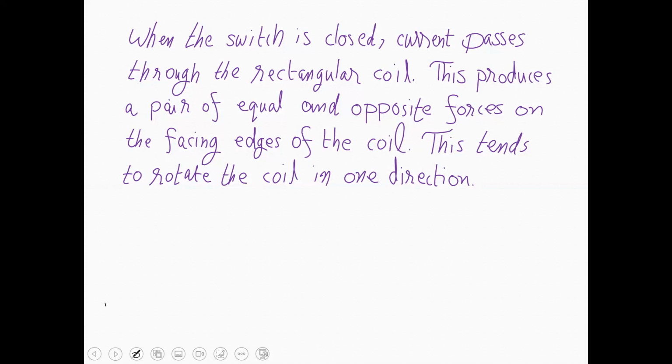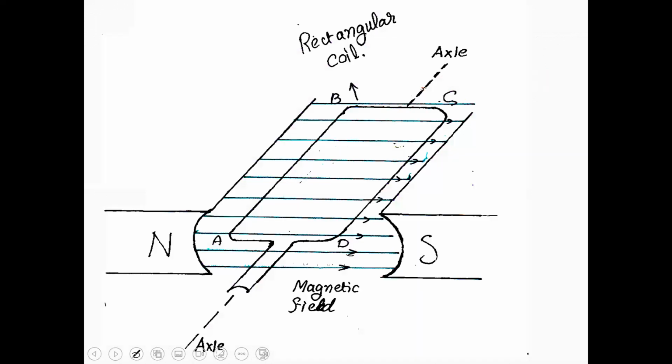So when the switch is closed, the current passes through the rectangular coil. Two forces are produced on the rectangular coil. Please look at the screen. This is the rectangular coil.